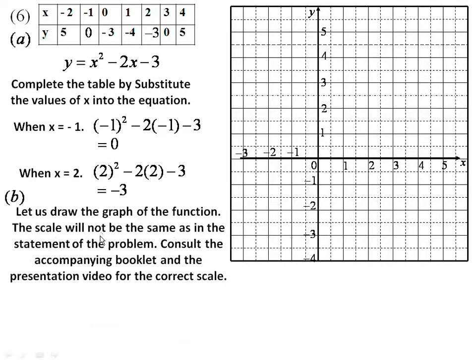Let us draw the graph of the function. The scale will not be the same as in the statement of the problem. Consult the accompanying booklet and the presentation video for the correct scale. So we are not using the exact scale given to us in the examination. As a matter of fact, you will discover that these might not be exact 2 centimeters, or this a single centimeter.